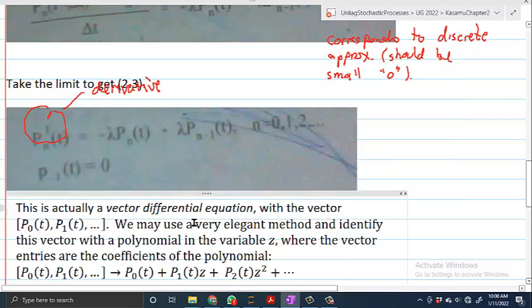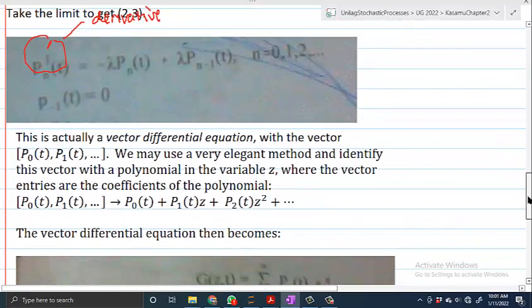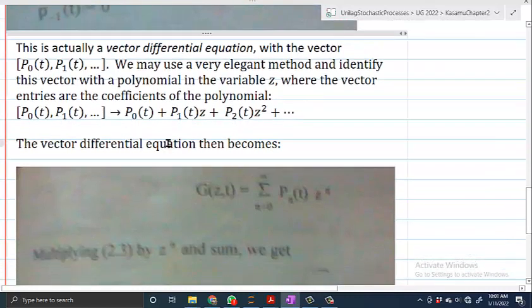We can use a very elegant method and identify this vector with a polynomial in the variable z. In fact, every polynomial can be considered as a vector. If you have had linear algebra, then you may know that polynomials form a vector space.